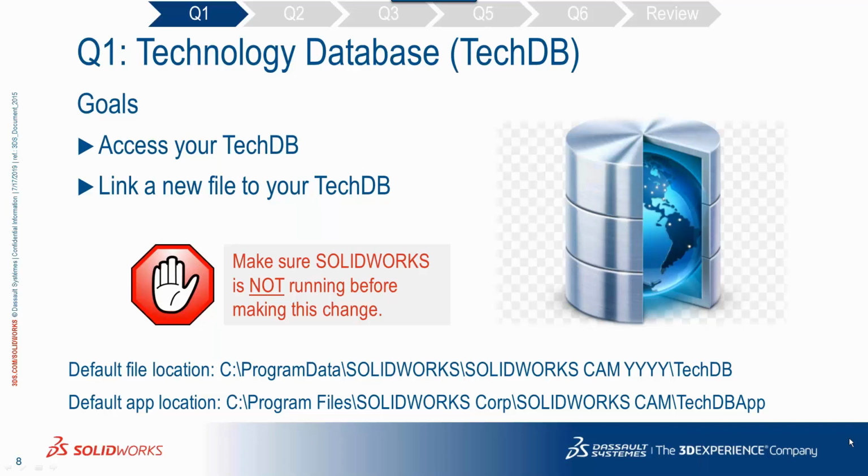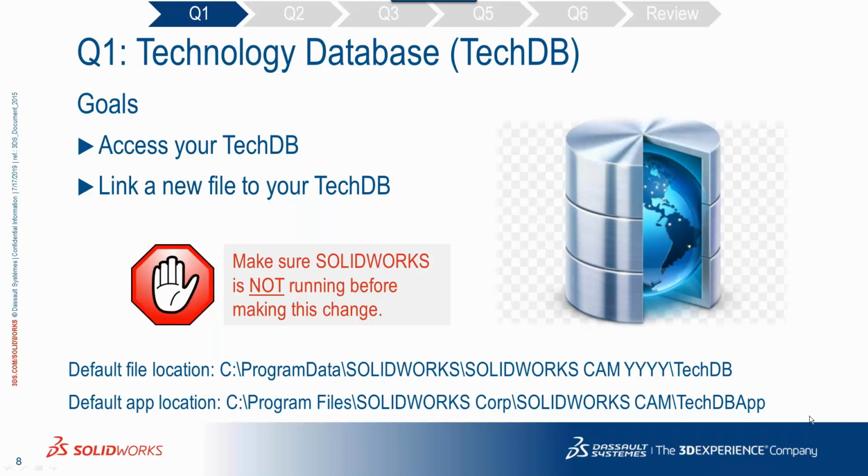So under C program files, this is the installation of where your SOLIDWORKS is installed. For some of you, if you add a version at the end of SOLIDWORKS Core, it may be SOLIDWORKS Core 2019. I know I do that when you have multiple versions installed on the same computer, followed by SOLIDWORKS CAM TechDB app.